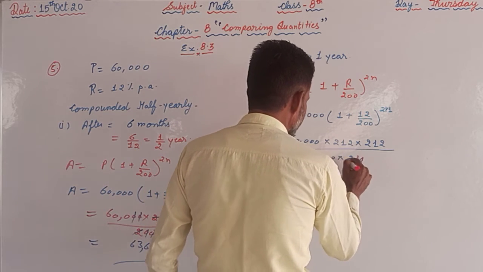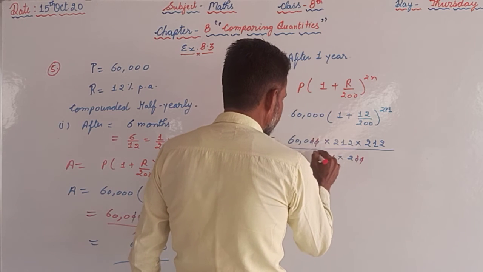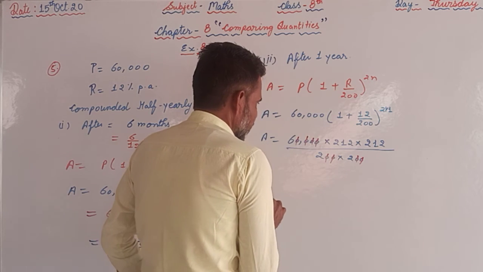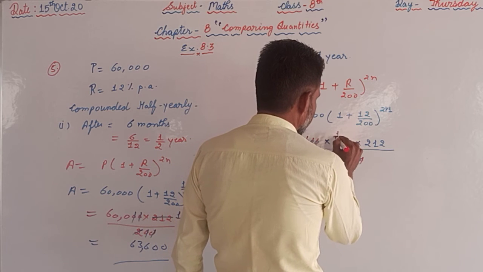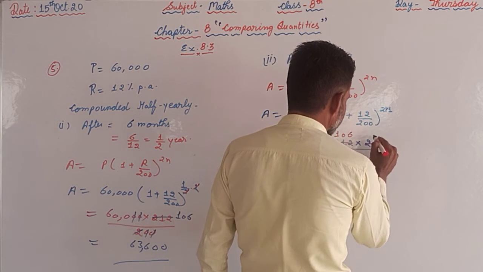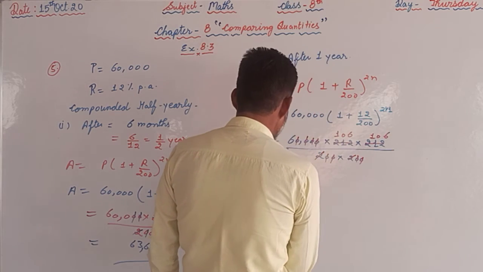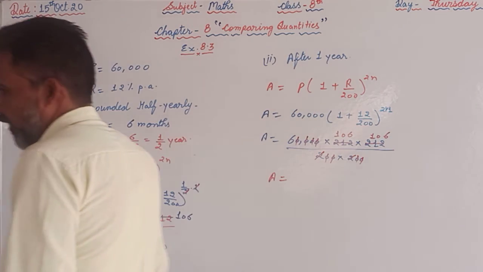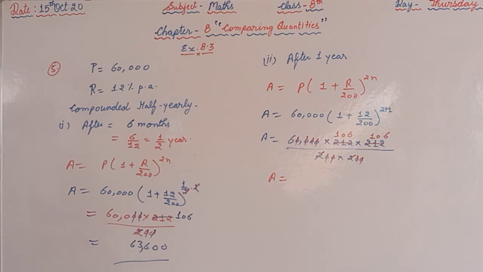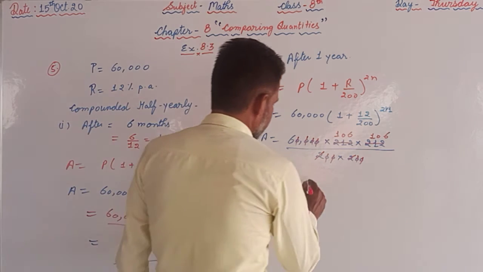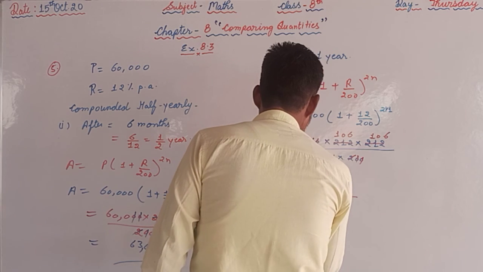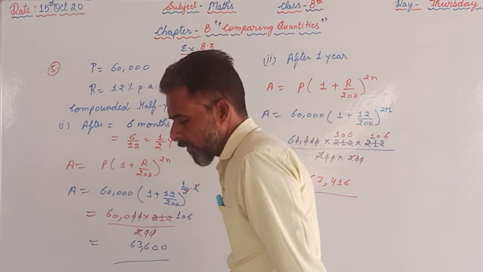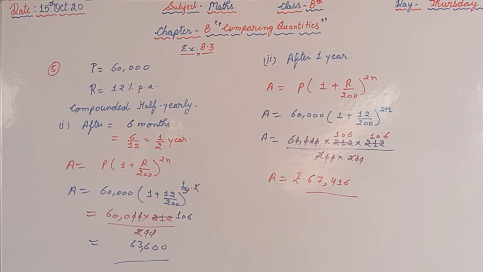Here 2 zeros cancel out 2 zeros, and we can cancel 2 by this 106 and 2 by this 106, and after multiplying we will get 67,416. That 67,416 will be the amount at the end of 1 year.